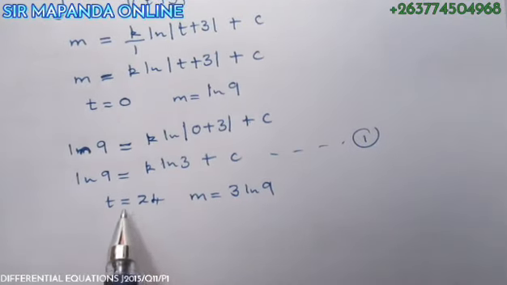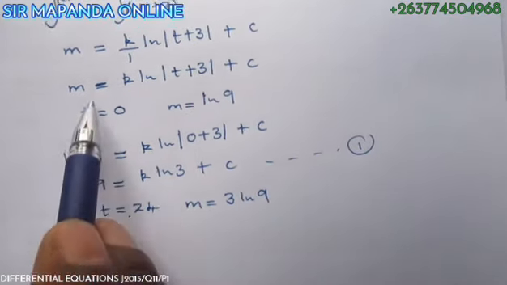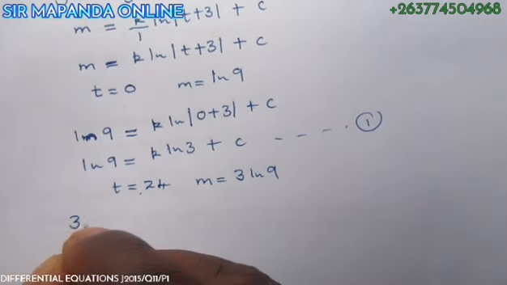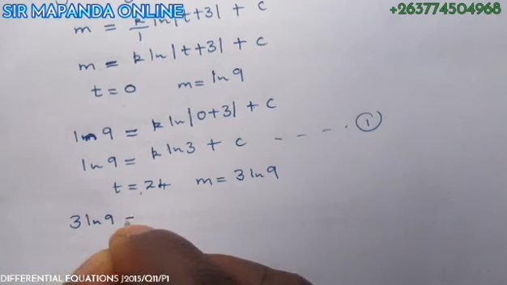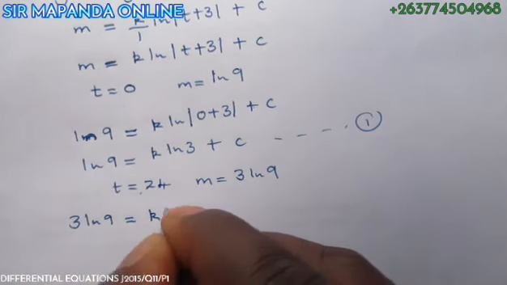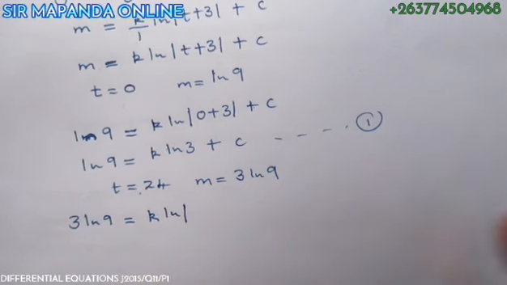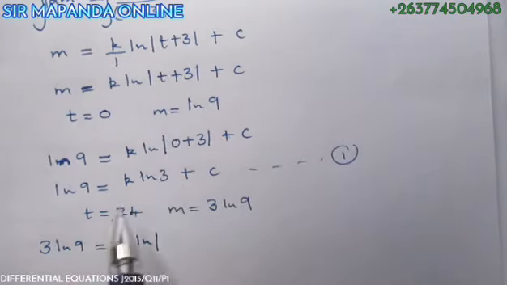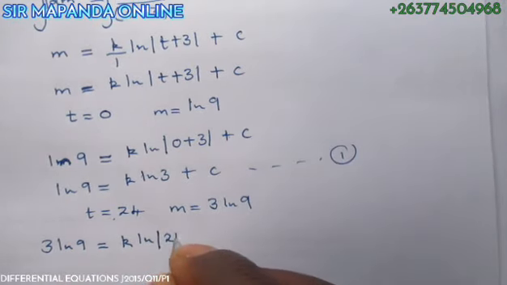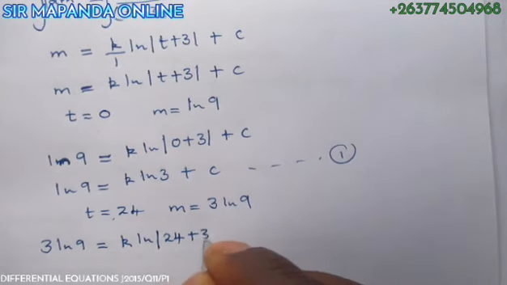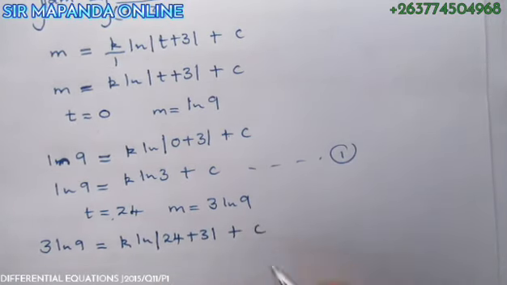So we are substituting this combination in our general solution above. So put 3 ln 9 on m is equal to k ln modulus. What is t? t is 24. So you are going to put 24 on t here. You get 24 plus 3 plus c.